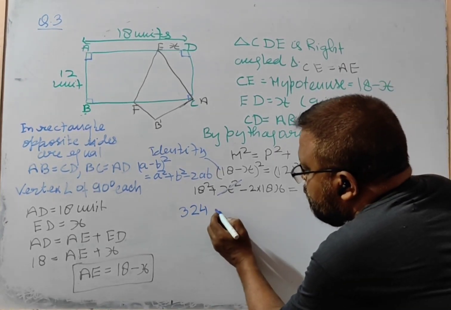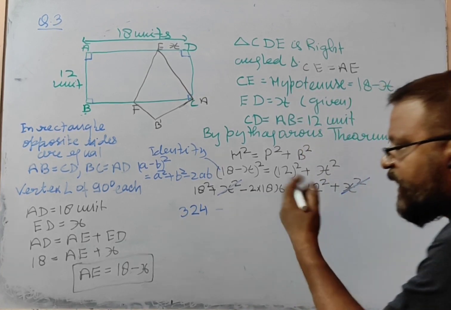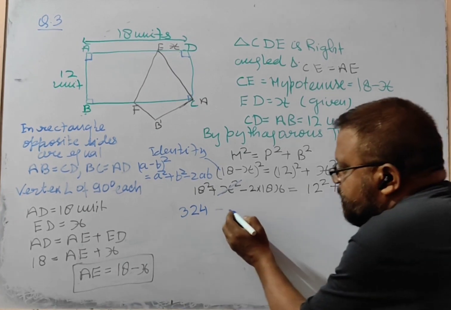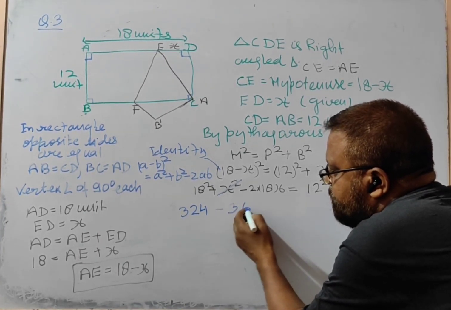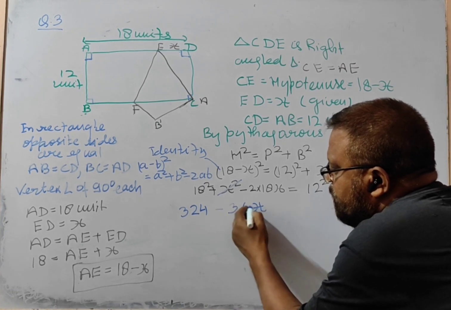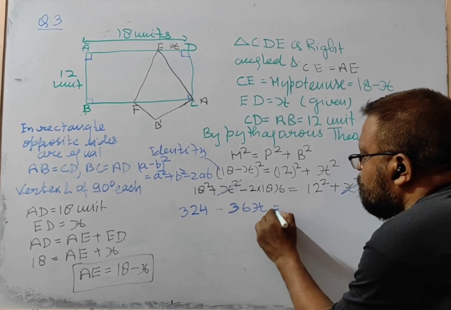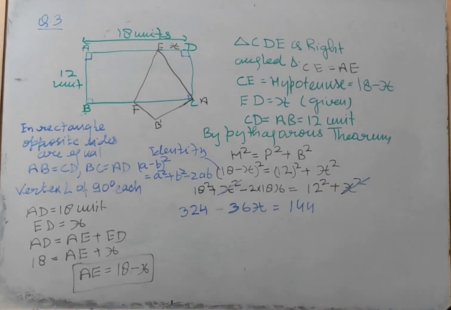Now we get minus 2 times 18 becomes 36, so this is 36x, equal to 144. 12 square is 144.